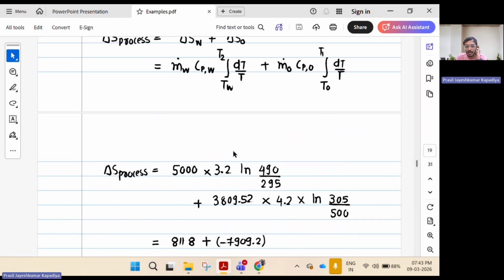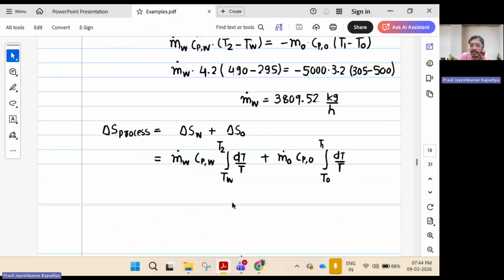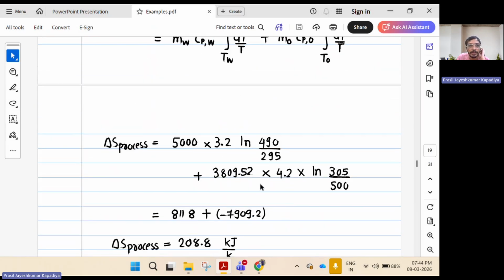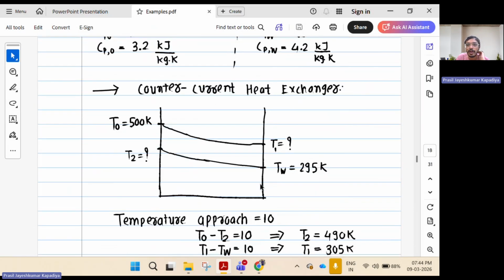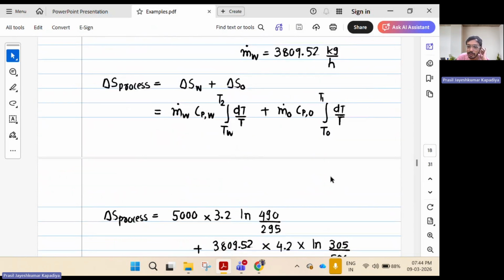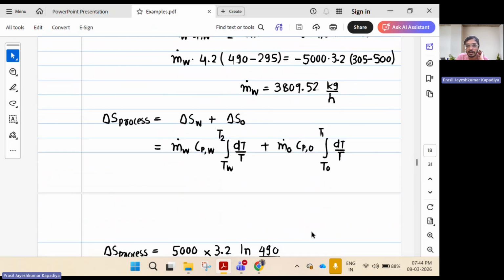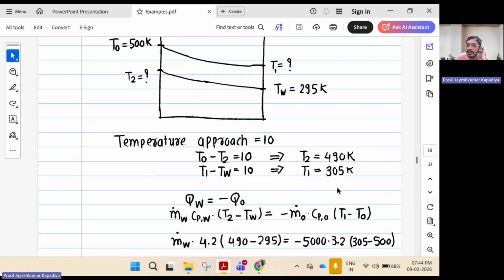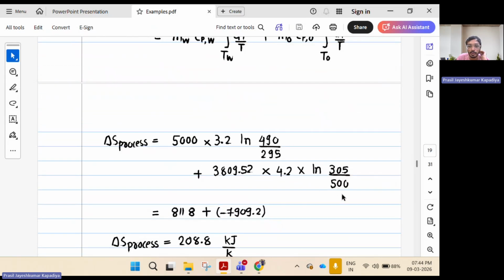Okay, so for oil, entropy change is positive, and this is the entropy change in water. So mass flow rate of water, I have written it in reverse. It is correct: 3809.52 into Cp of water, that is 4.2 kilojoules per kg Kelvin, into ln of T, what is the final water temperature? 305 divided by 500.